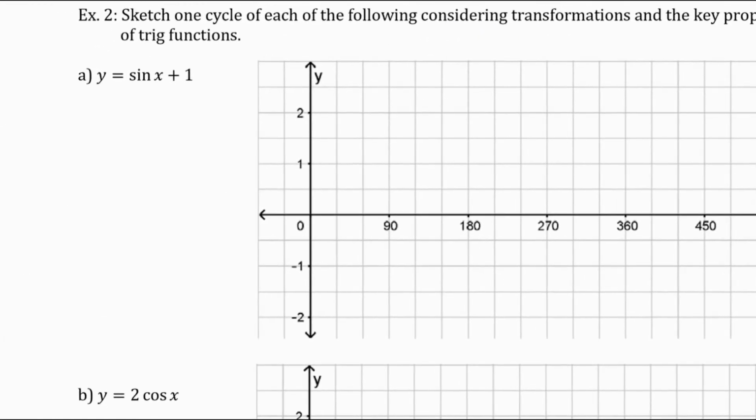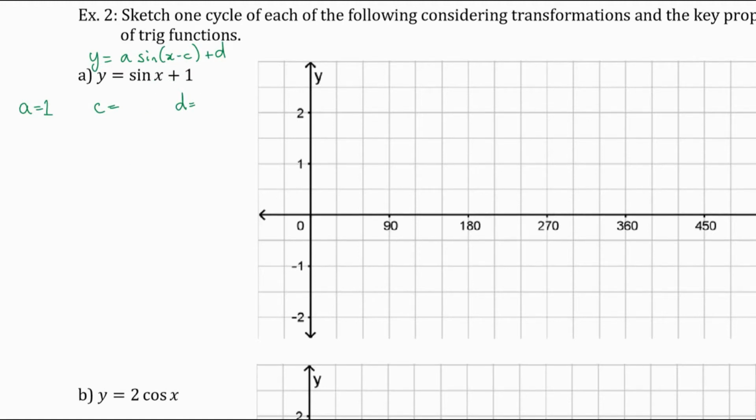Something that can be really useful before we start doing what will be known as the 5 key questions later is to write out the values of A, C, and D. So A didn't change. A goes out in front like that, so it's just 1. C didn't change because it would look like this: y equals A sine of x minus C plus D. There is nothing added to the x because it's not in brackets like that.